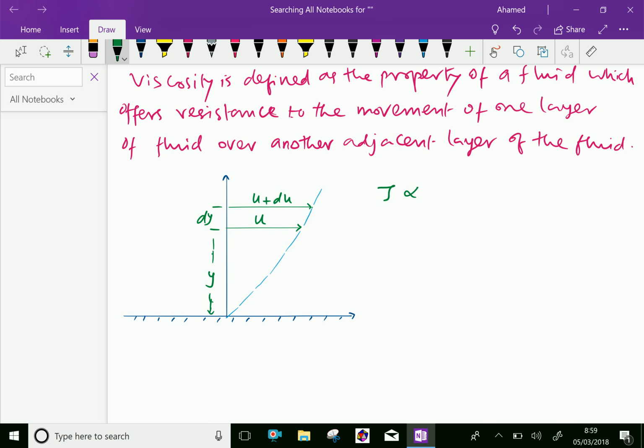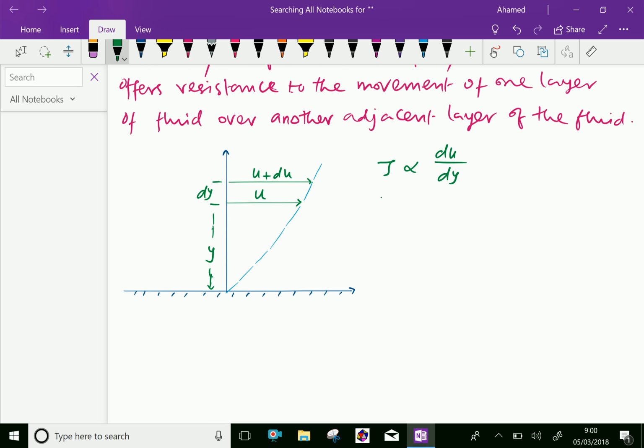Rate of change of velocity here, du by dy, means the shear stress tau is directly proportional to the rate of change of velocity, that is du by dy. Now we can apply the proportionality constant, so tau is equal to mu into du over dy.